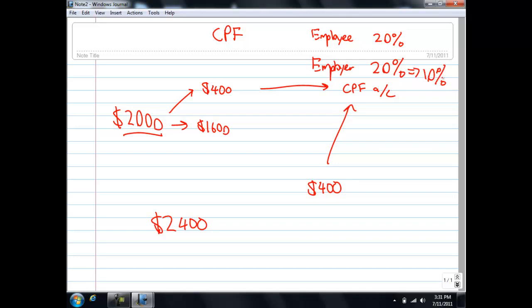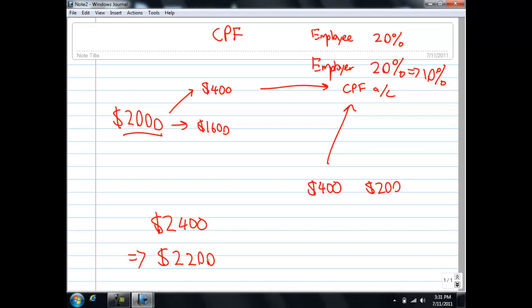Now instead of having to contribute 400 to your CPF, the firm only needs to contribute 200. So his wage cost now under the new employer CPF contribution is 2,200. So from the firm's perspective, the cost of hiring you has just gone down.